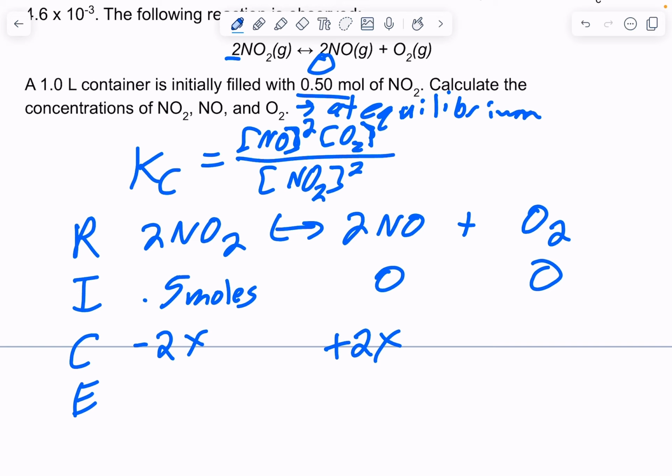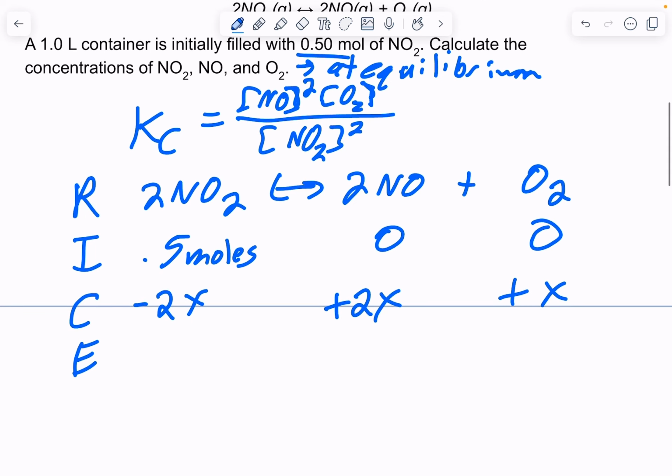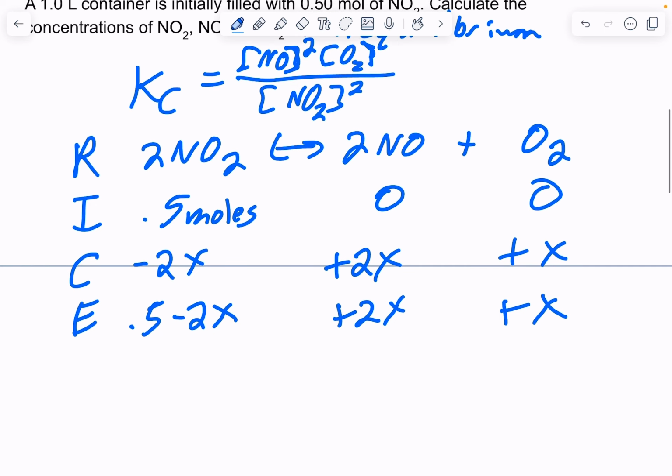Here I'm just going to put plus x because I'm only getting 1 mole's worth every single time. So my equilibrium will be 0.5 minus 2x, plus 2x, and plus x. This is how the ICE table is formatted, just to help you sort out your variables.